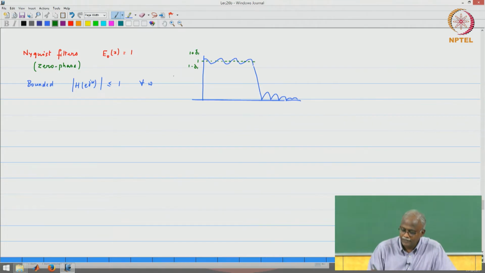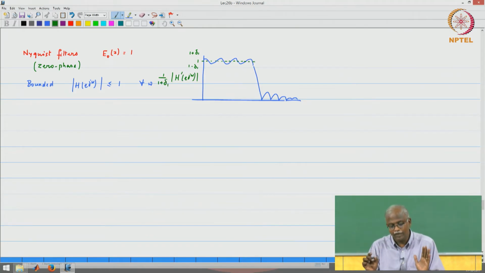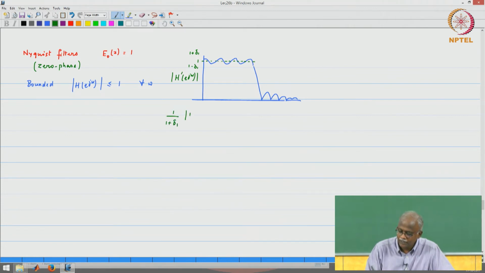Now if this is H dash E of jω, okay, magnitude. Now if I did 1 over 1 plus delta 1, again we are going to do this type of manipulations in today's lecture. If this is the waveform that is given, then 1 over 1 plus delta 1 scaled He(jω) will always be less than or equal to 1 for all values of ω.